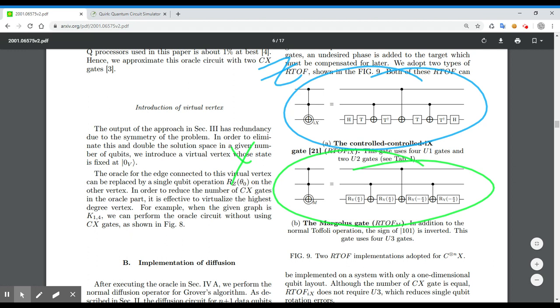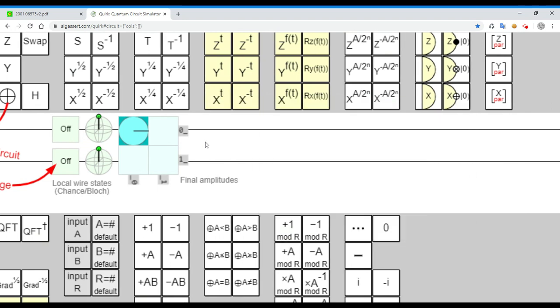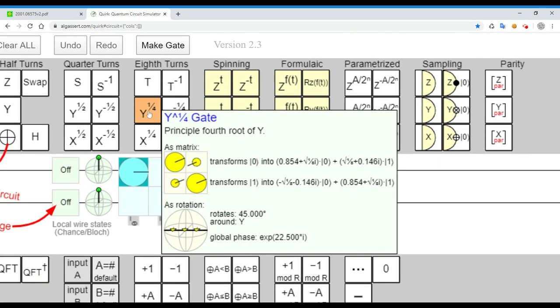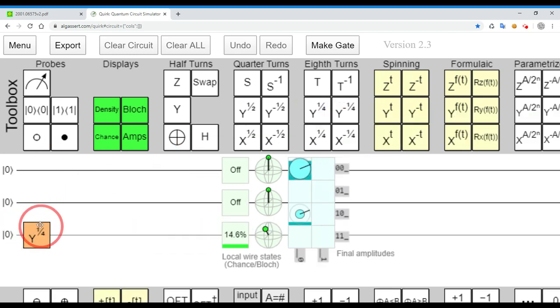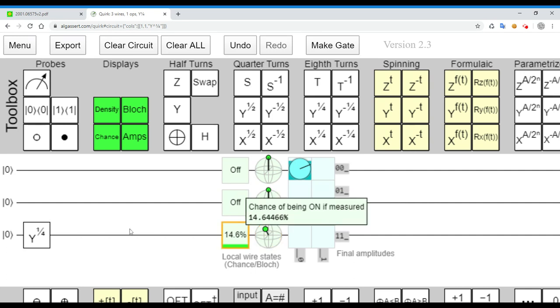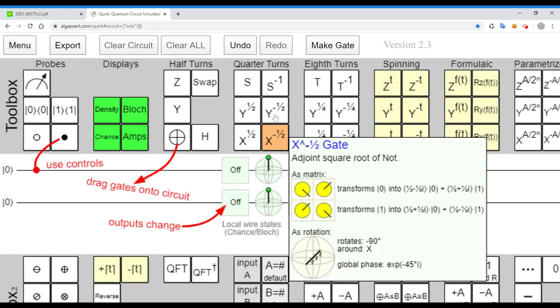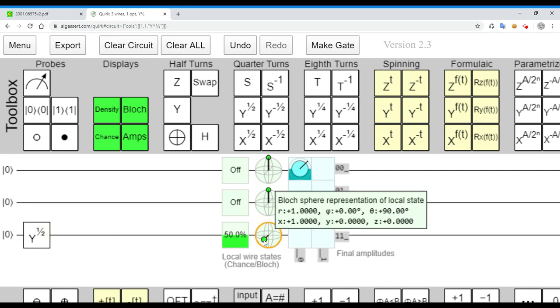Rotation y pi divided by 4. So pay attention to these Bloch spheres here. Look that it's rotated a quarter, right? Because if this would be the full rotation, then we've rotated half the way across.